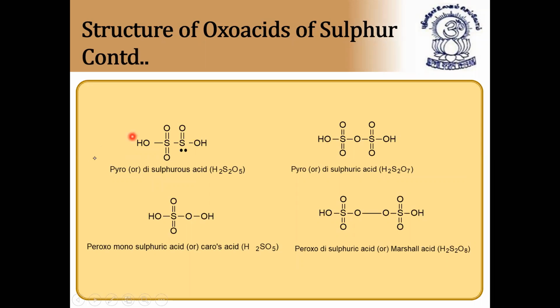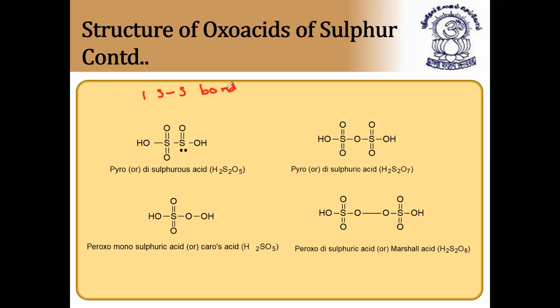Next, disulfurous acid, also called pyrosulfurous acid, H2S2O5. It has how many S-S bonds? One S-S single bond.